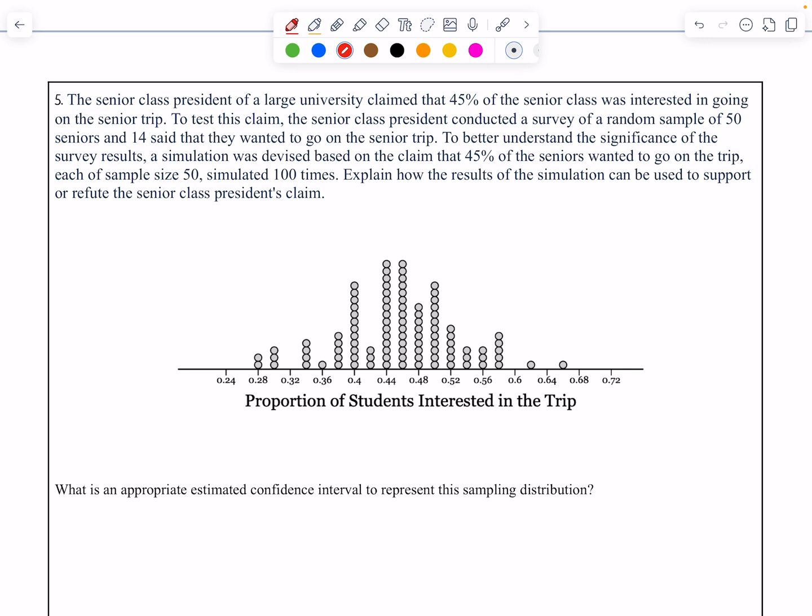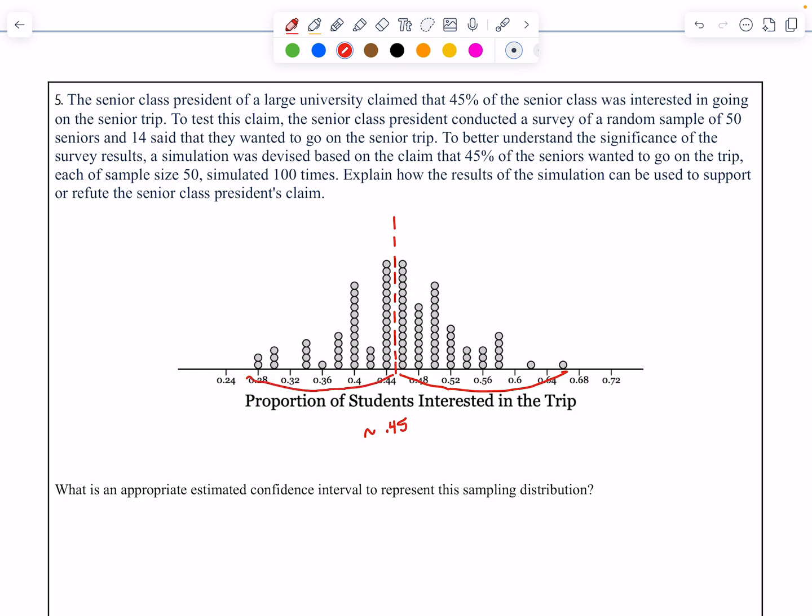So we could say, what is an appropriate estimated confidence interval to represent this sampling distribution? So we can see based on the sampling distribution, it definitely looks like the center of our data would be right around here, which does look like it's estimated to be approximately 0.45. And then it goes out about an equal amount in both directions.